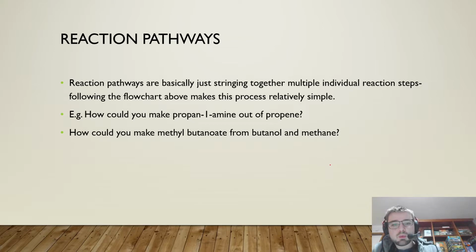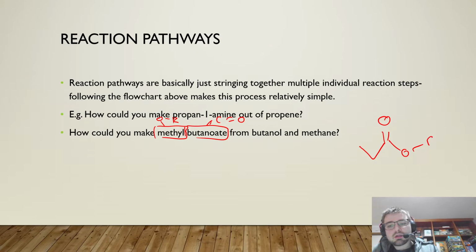So we've got butanoate, so 1, 2, 3, 4. And remember that the carbonyl is on this side. So this is the C double bond O side. The other one is the O something side. So O, and then we've got methyl here, like that.